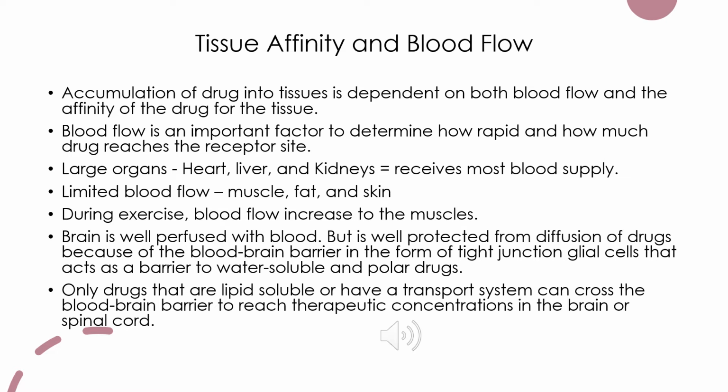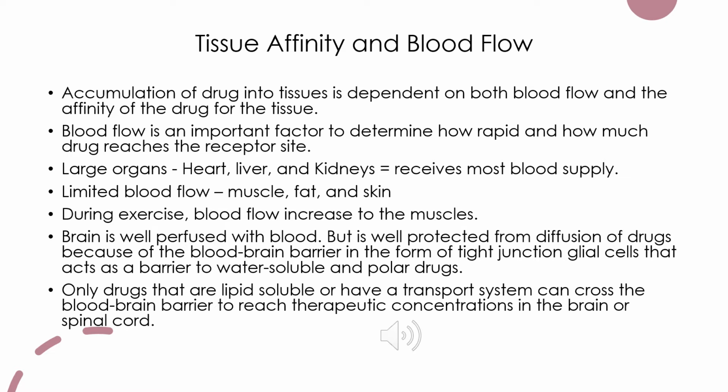After distribution to other internal organs, muscle, fat, and skin is usually slower. Under normal conditions, limited blood flow reaches the muscles. However, during exercise, the increase in blood flow may change the fraction of drug reaching the muscle tissues.